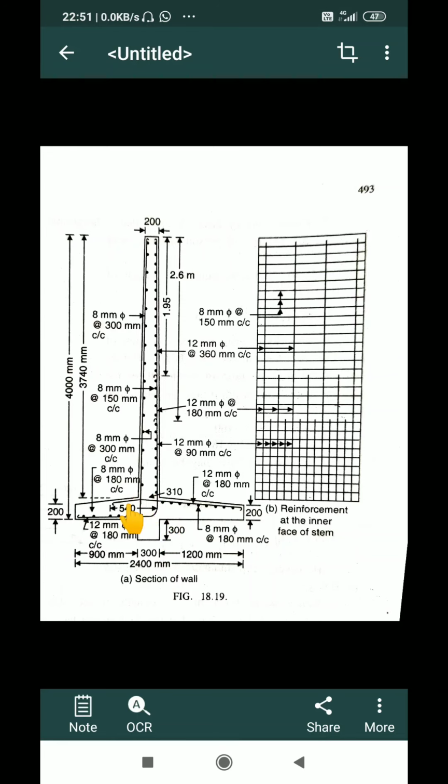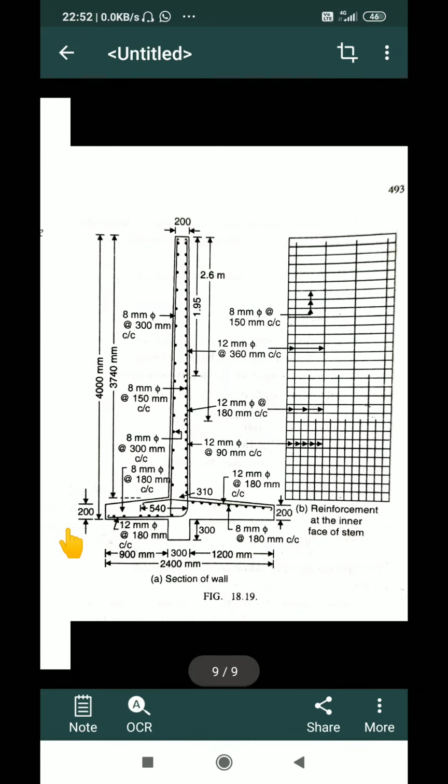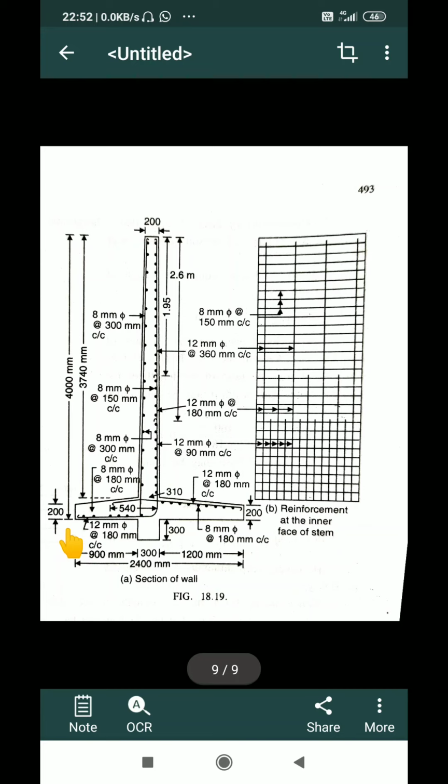In the toe slab, the slab will deflect in sagging, so we need reinforcement at the bottom, and at the top it's not necessary. So I'll bend the stem reinforcement into the bottom side, and I am providing 12 mm dia at 180 mm center to center as main bars, and 8 mm dia at 180 mm center to center as distribution bars.